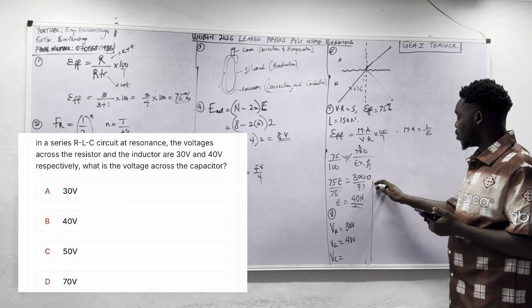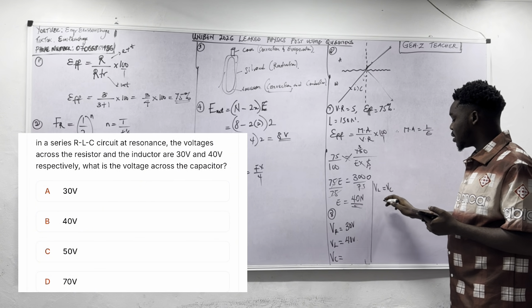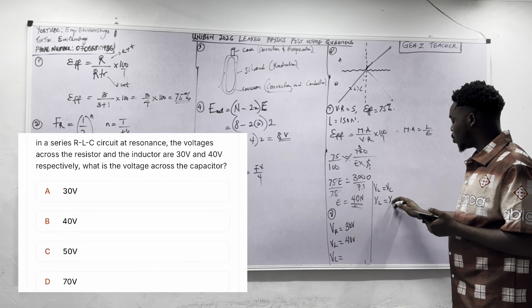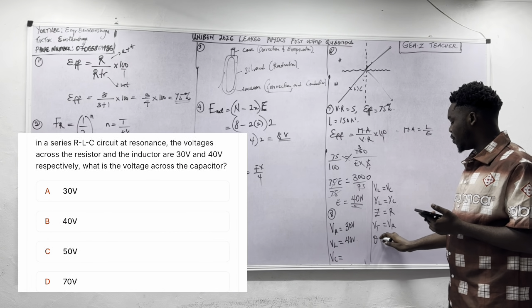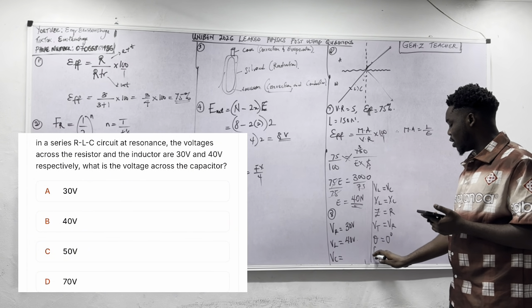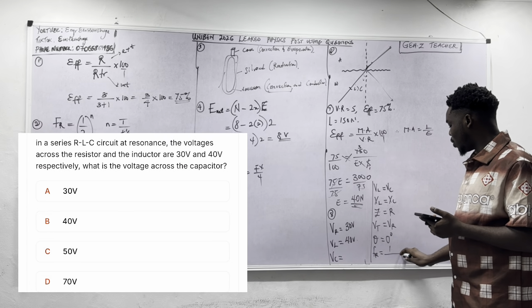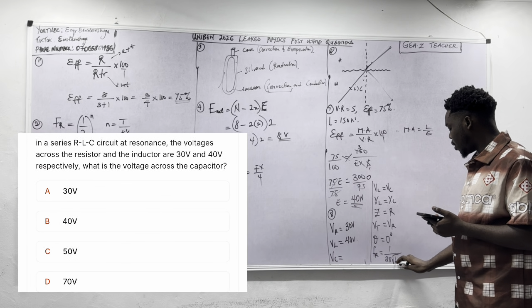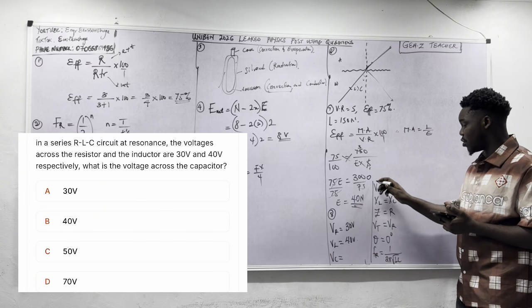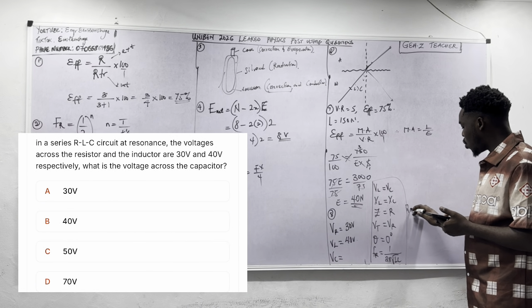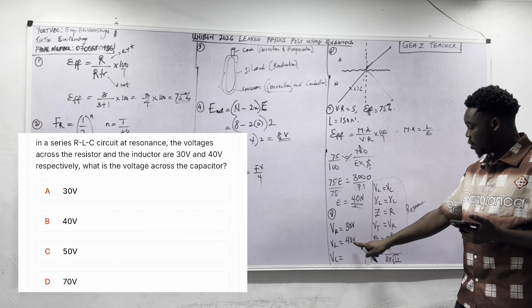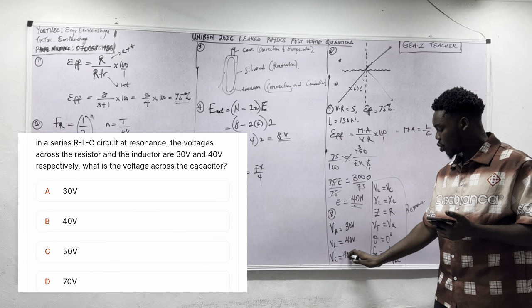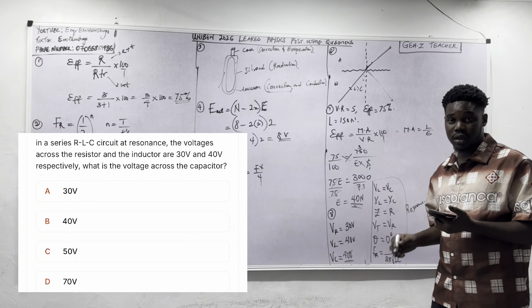At resonance, your VL is always equal to VC, your XL must be equal to XC, your impedance must be equal to R, your total V must be equal to VR, and then your phase angle must be equal to 0, and then your resonance frequency is 1 over 2 pi square root of LC. These conditions are necessary for resonance to occur in an AC circuit. So quickly, the answer should be VL and VC are the same. So here should also be what? Should be 40 volts as your answer.